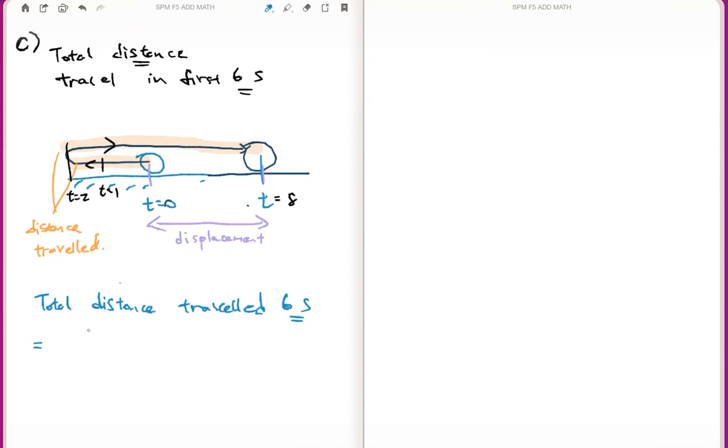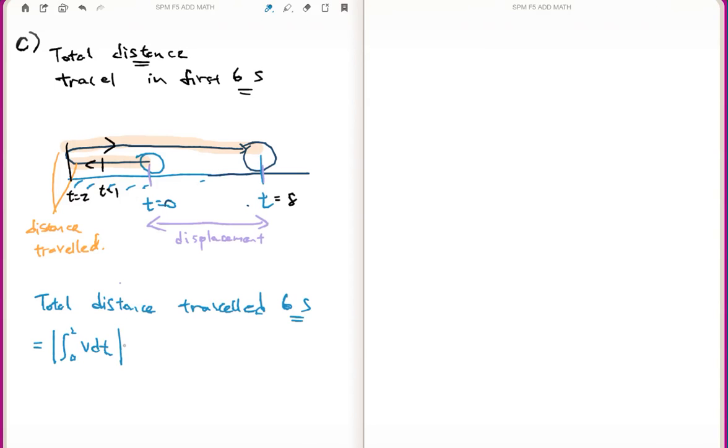So the total distance is also using the same equation, but now all you need is an integration, 0 to 2 of v dt, but you need to take the modulus, because for displacement you have a sign, to the left is negative. I want to find out the distance, so I use integration and I use modulus.